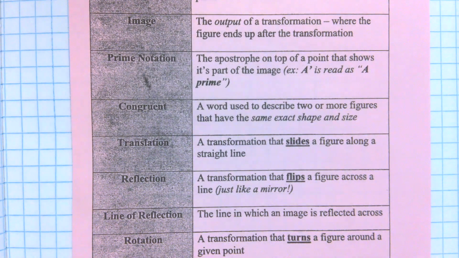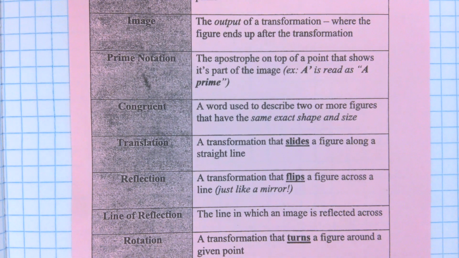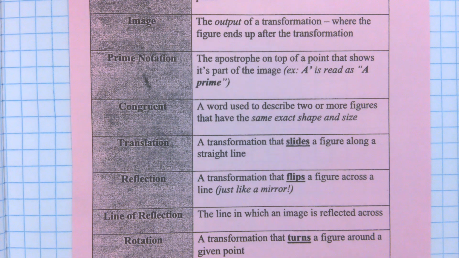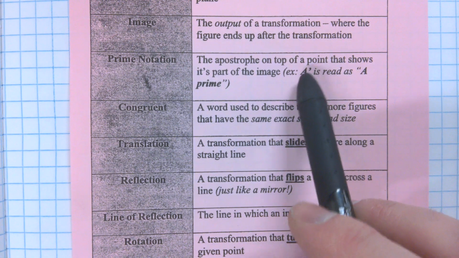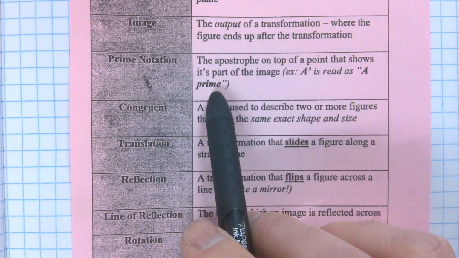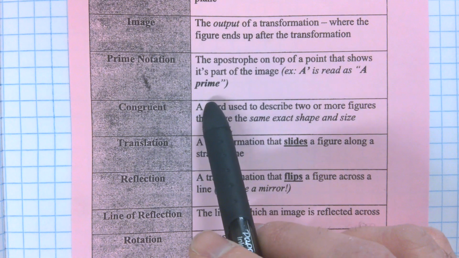Thank you, Tina. Can someone read out what prime notation is? Osase, go for it. Perfect. And what you're going to see is this A with a little apostrophe, right? We read that as A prime. Everybody say A prime. A prime. One more time, A prime.